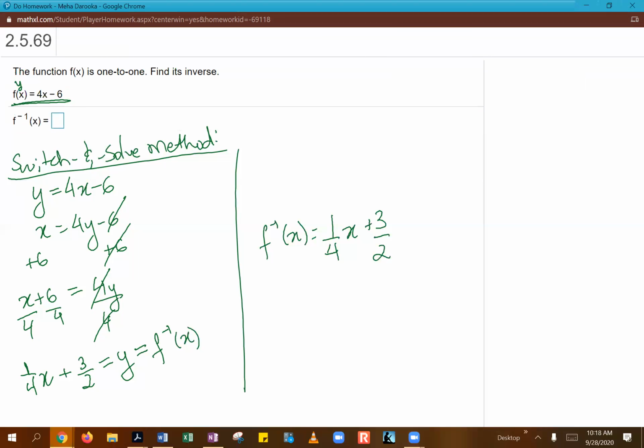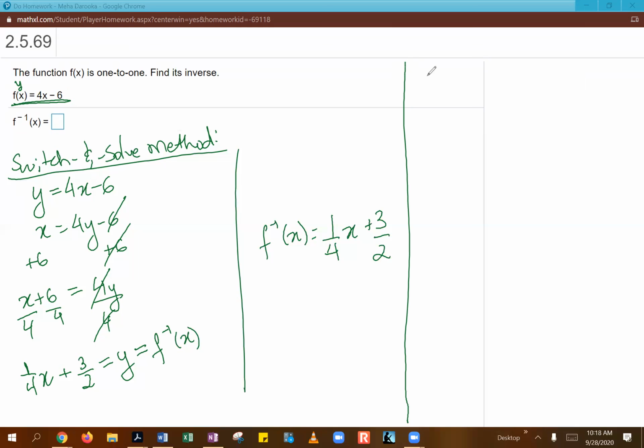So that is the more algebraic method, but you can also solve this mentally. Let's take a look at that. Again, your original function was f of x equals 4x minus 6. I'm just replacing the f of x with y.